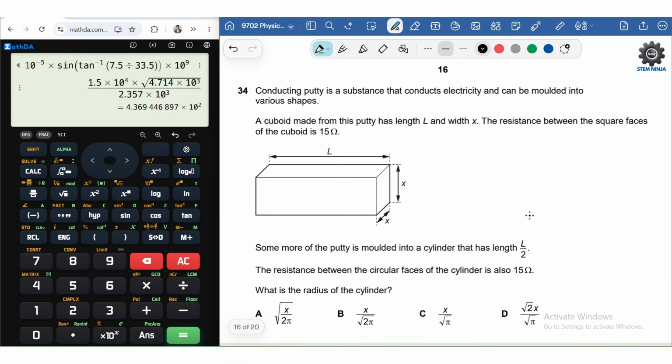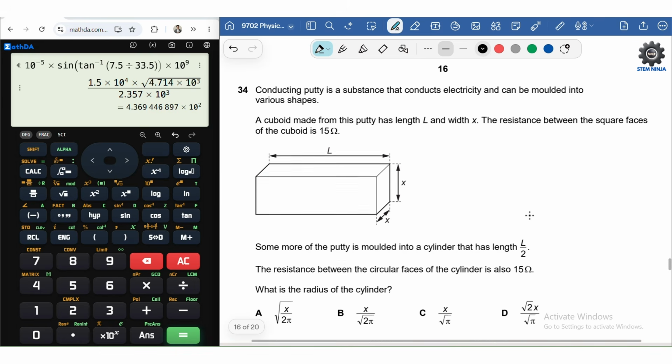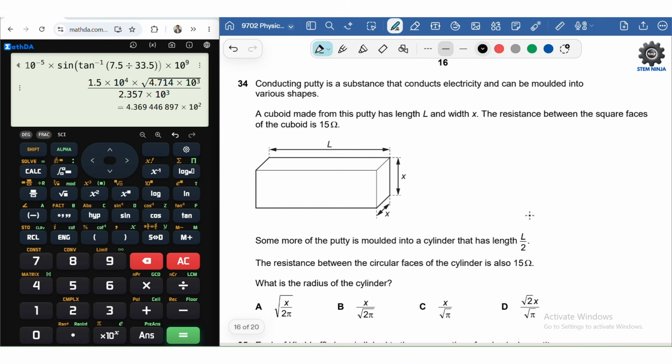Conducting putty is a substance that conducts electricity and can be molded into various shapes. The cuboid made from this putty has a length L and width X. The resistance between the square faces of the cuboid is 15 ohm. Some more of the putty is molded into a cylinder that has length L over 2. The resistance between the circular faces of the cylinder is also 15 ohm.